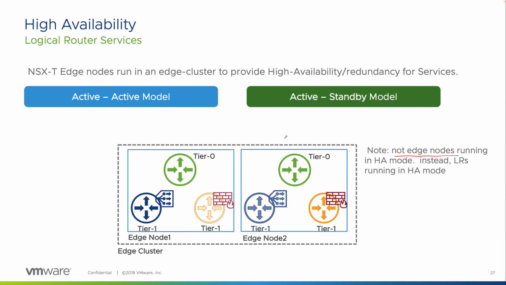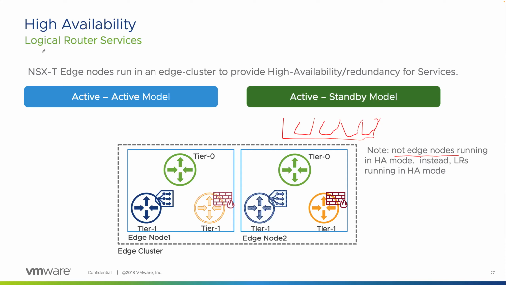For edge nodes, we have a cluster with multiple edge nodes within the cluster. But when we talk about high availability, we talk about the tier 0 and tier 1 HA. Please notice that this is a confusing one.